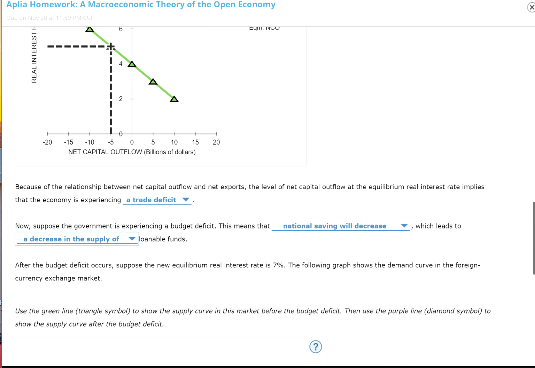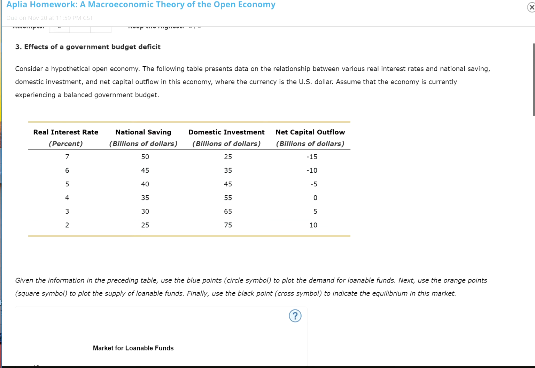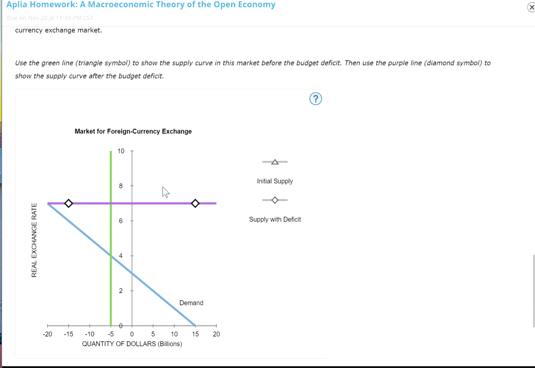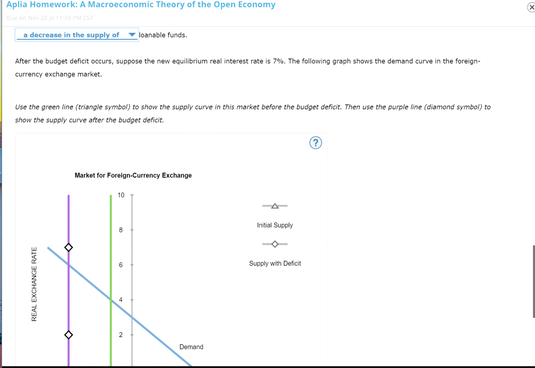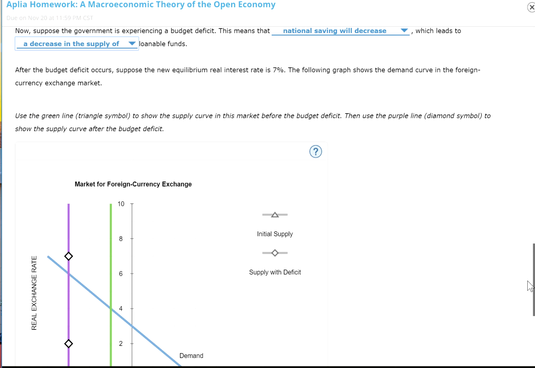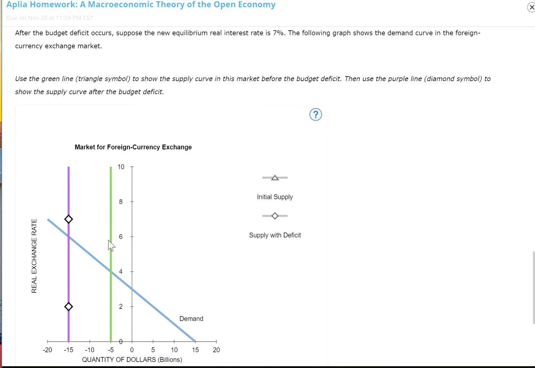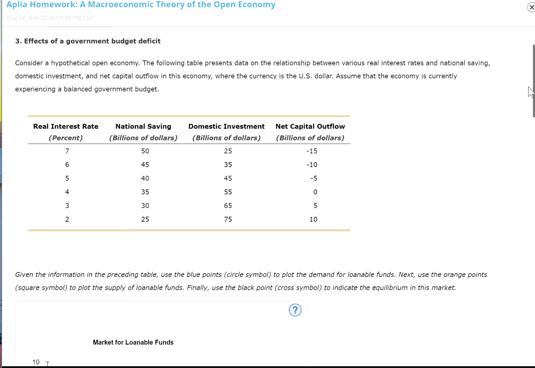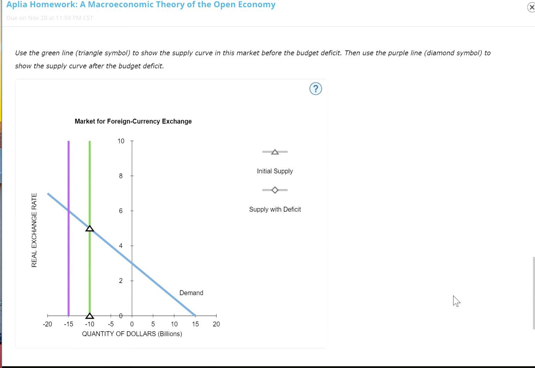What is 7%? 7% is at minus 15. So minus 15 and 7%. Let's rotate. Wait, this is not 5%. That's 5%, right? Let me double check. 5% is, oh no, never mind. 5% is at minus 5. Almost made a mistake.